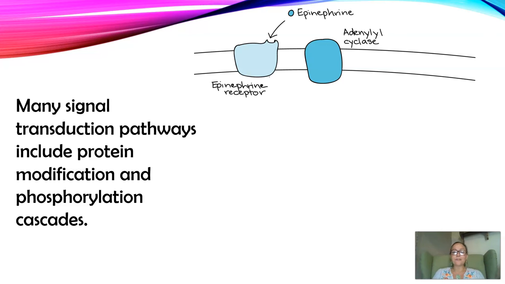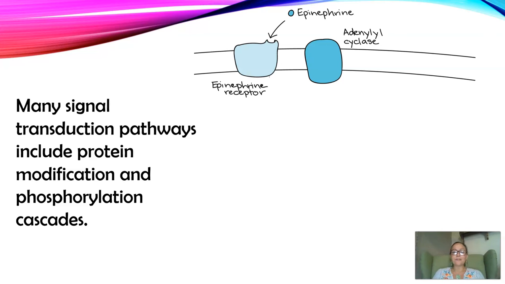And then adenylyl cyclase will convert ATP into cyclic AMP, which we use as our second messenger. Here you can see how that will activate a phosphorylation cascade. Then at the very end of the cascade, you have a phosphorylated protein that now is active and can hydrolyze glycogen into glucose to raise your blood sugar.